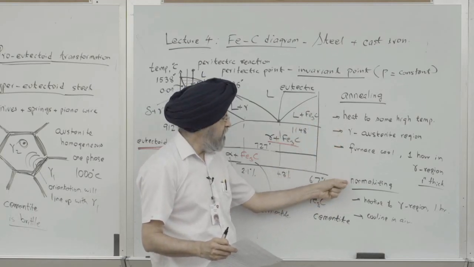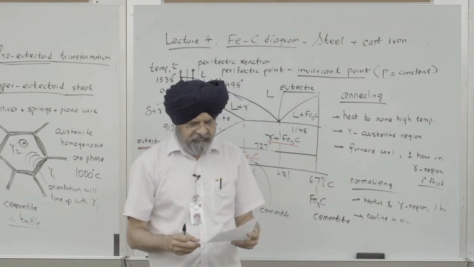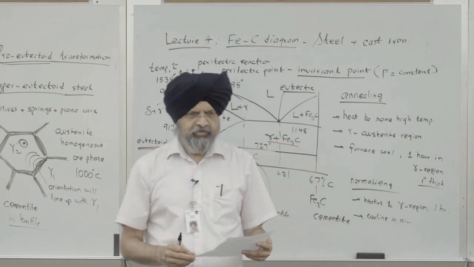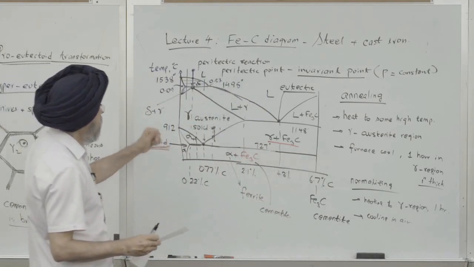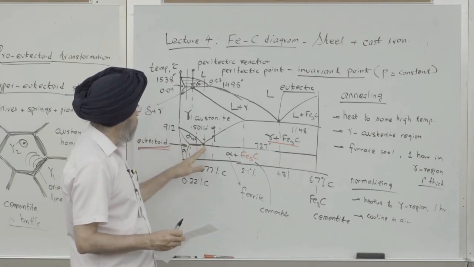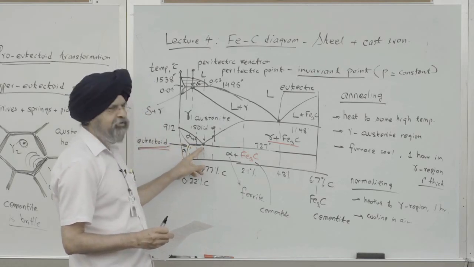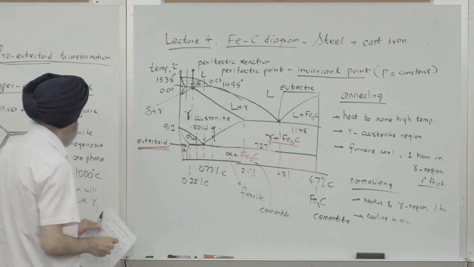So right now we're only dealing with very slow cooling. There are whole chapters on what happens to steel when you cool the steel faster. But right now we are just dealing with very slow cooling. So let's talk about this eutectoid reaction when we cool very slowly.